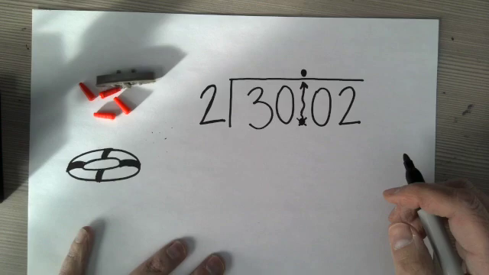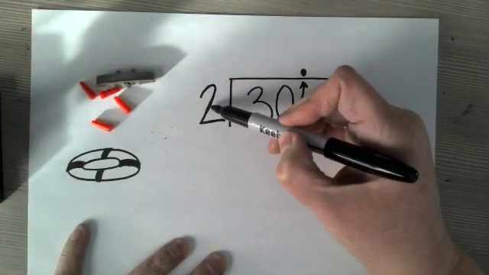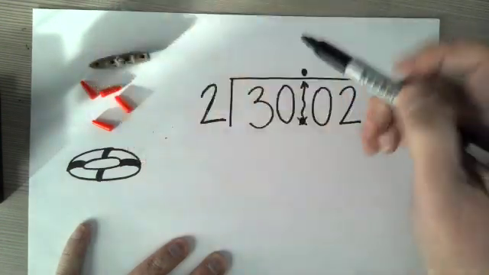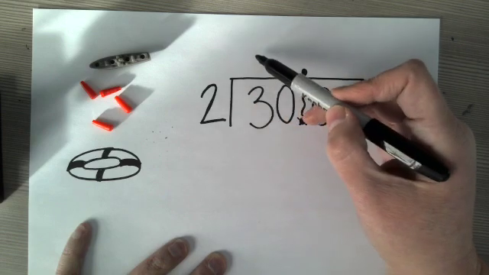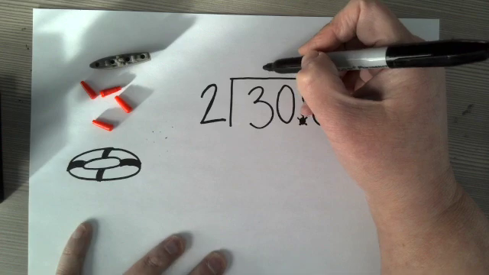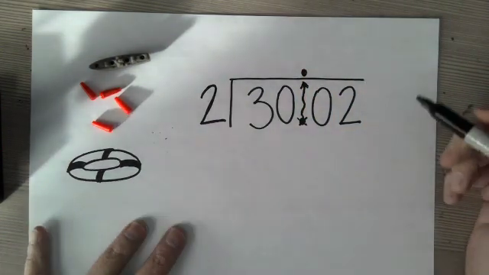Let's get started. So we know from our previous videos that we simply start with the first hole in the ship, and we ask ourselves, how many times does 2 go into 3, or 2 times what gives us 3 or close to 3? Because remember, it's not always exact. We try to get as close as we can.